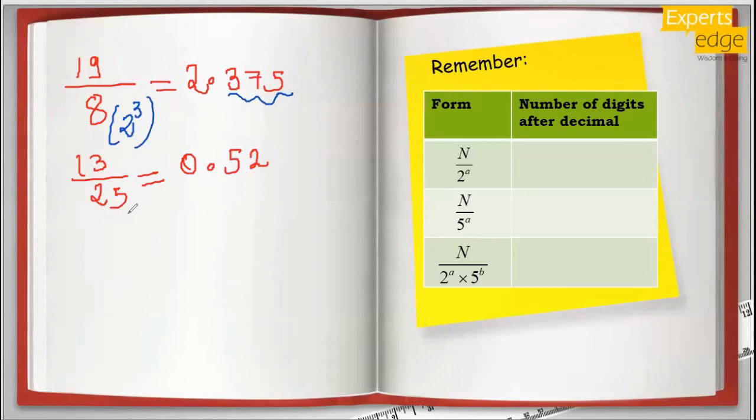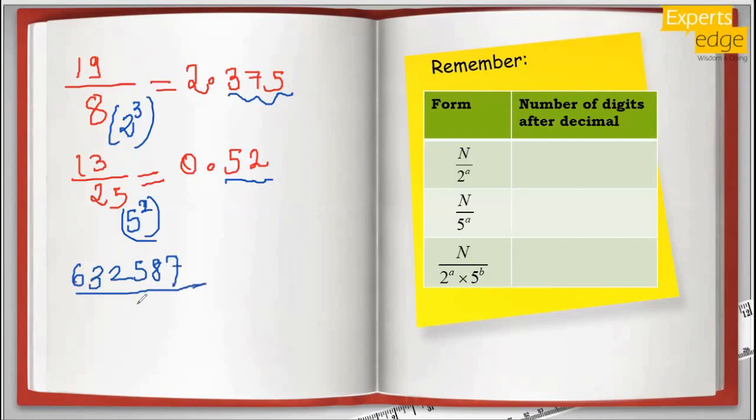Similarly 25 is nothing but 5 square, so after the decimal we got 2 digits, right? If I randomly give a number, 63258 by 625, how many digits will it have after the decimal point? As 625 is 5 to the power 4, it will have 4 digits after the decimal.